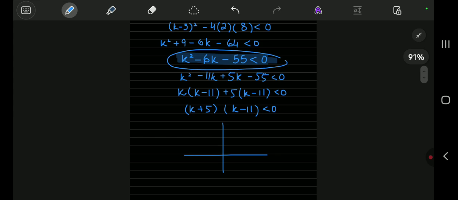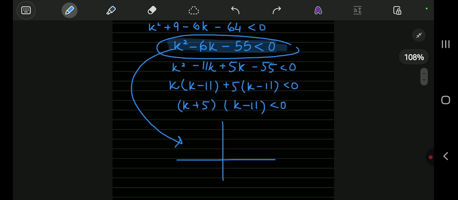As we are making the graph for this quadratic equation now, yes, this factor form is for this equation, so we are going to make a curve for this one. So here for k square, it's a quadratic equation with positive a, because with k square there is no negative.